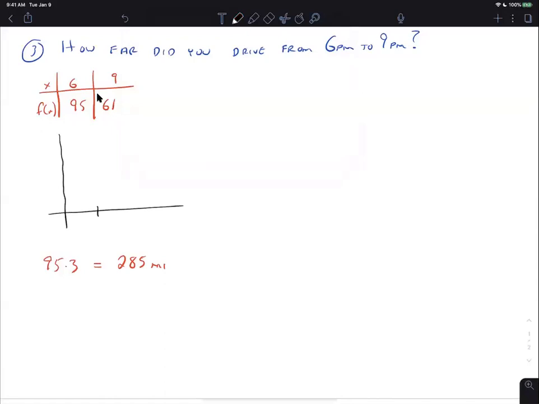The only thing we actually know about the graph is that at 6 o'clock you were going 95 miles an hour, and at 9 o'clock you were going 61 miles an hour. So the graph has a point here and a point here. My graph's not to scale on purpose, but that's the part of the graph that's relevant. Does that make sense? Everybody clear?